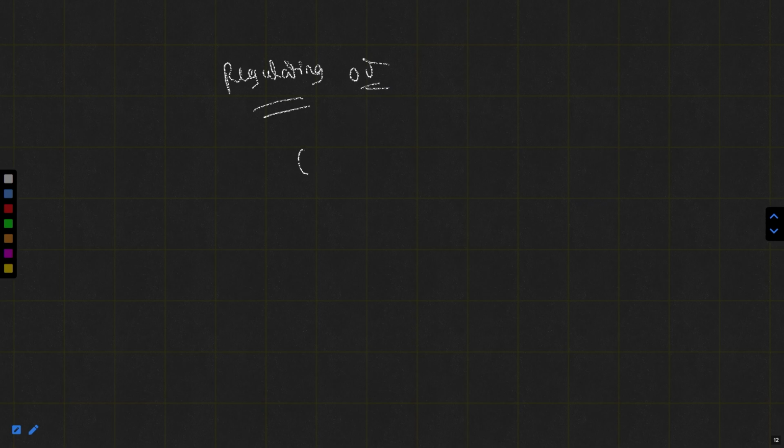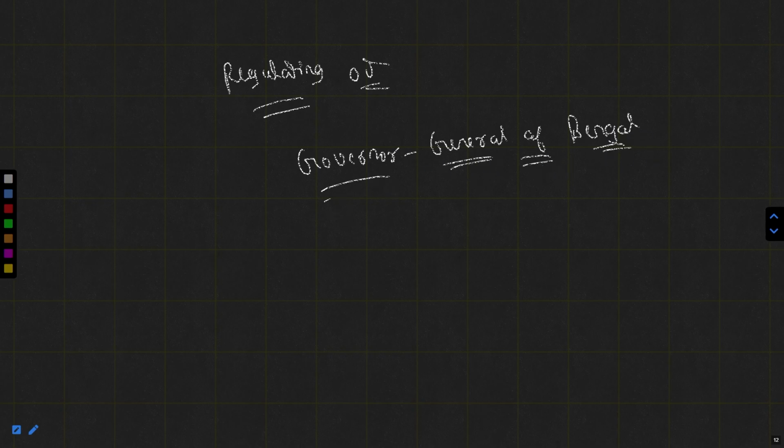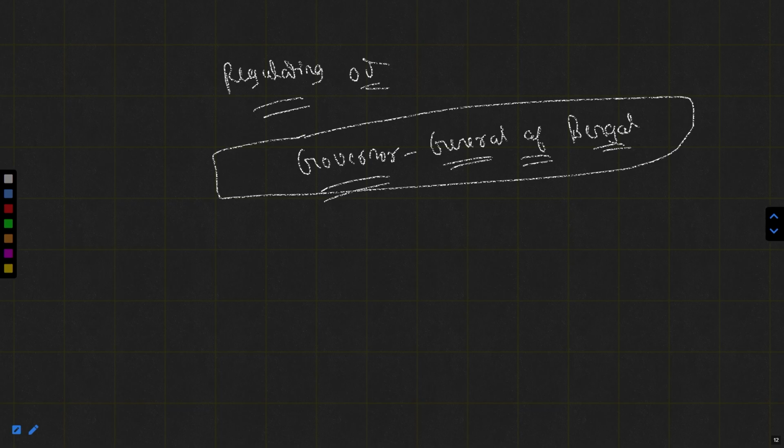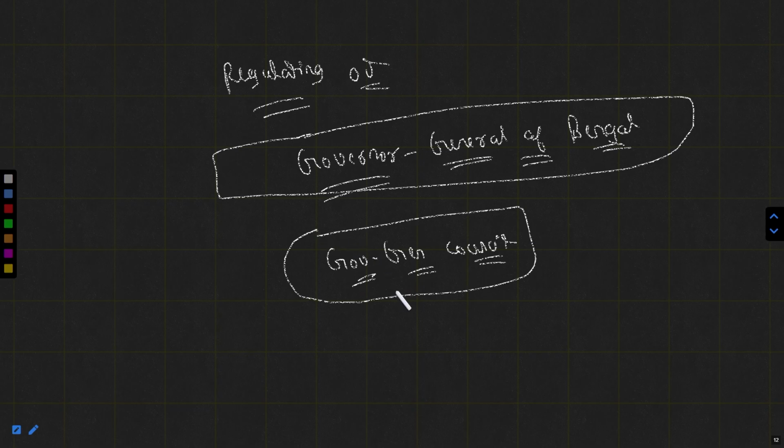Regulating Act basically created a new post of Governor General of Bengal, right? And similarly, we had discussed that a new body named the Governor General Council was introduced, and this is a four members body.